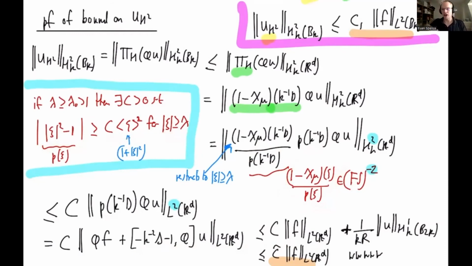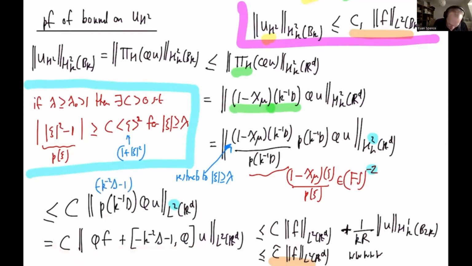Kirill, are you with me? Yeah, sorry, I just missed your explanation for the first equality in the last line. So this p is the Helmholtz operator.